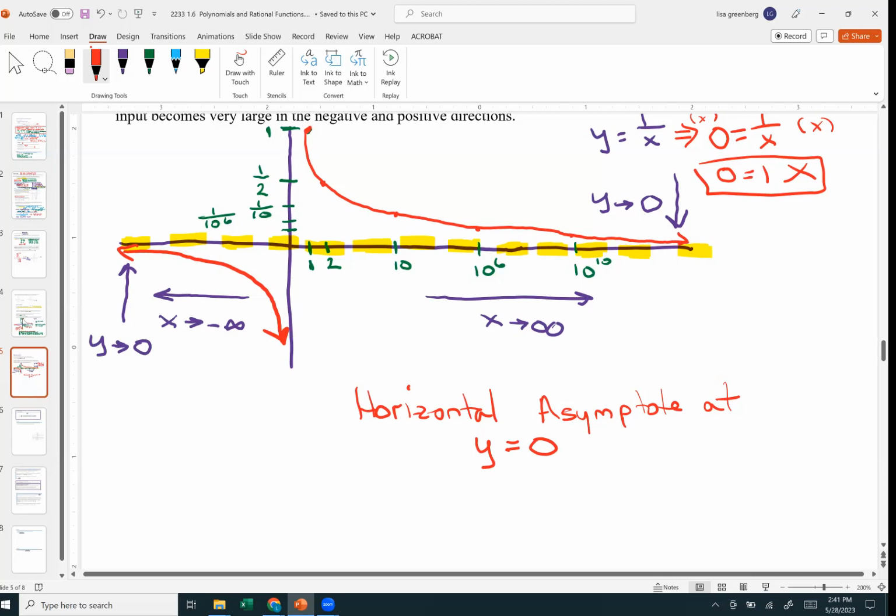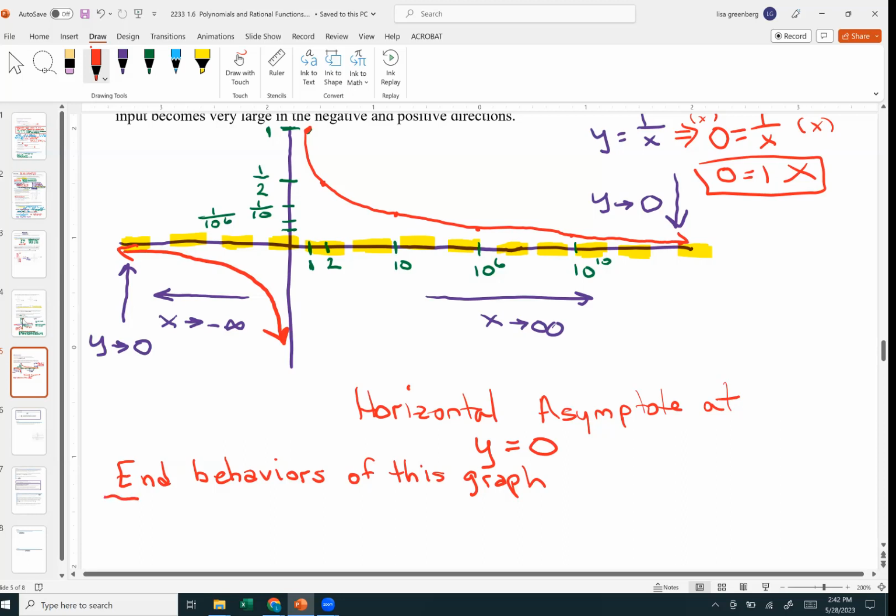Now, this, if you notice, has to do with the end behaviors of this graph. We're only talking about what's happening as x gets bigger and bigger and approaches infinity, or smaller and smaller and approaches negative infinity.